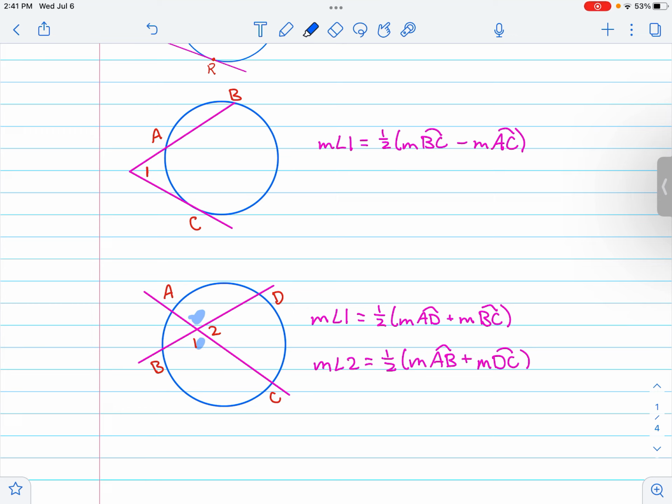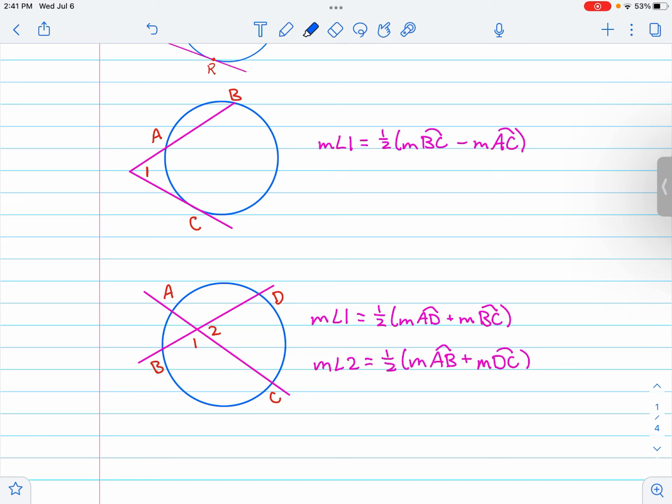We take the arc opposite those, this arc AD, and add it to this arc, and we take the average of those two. Notice it's not the difference, it's the average.